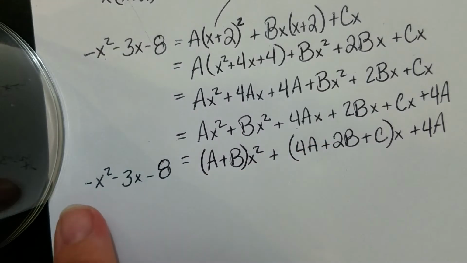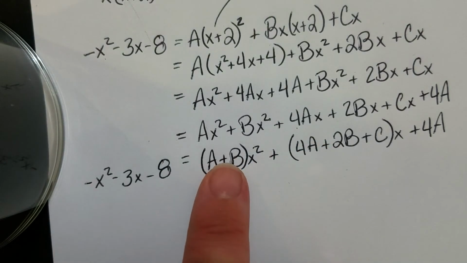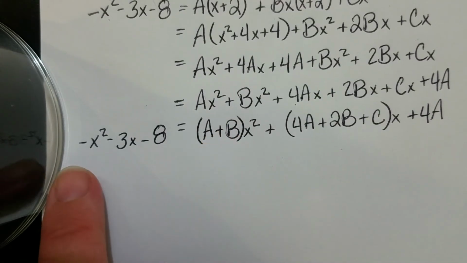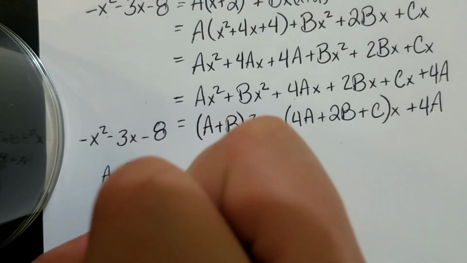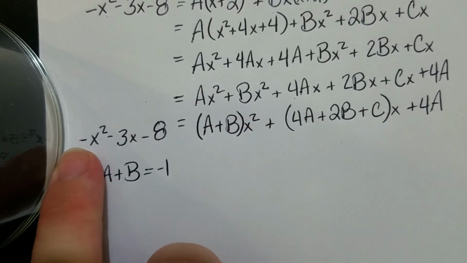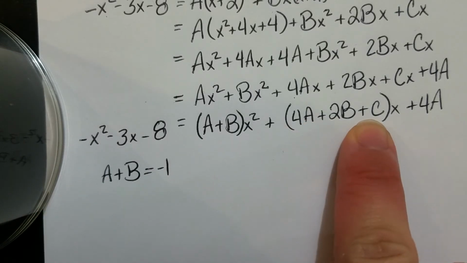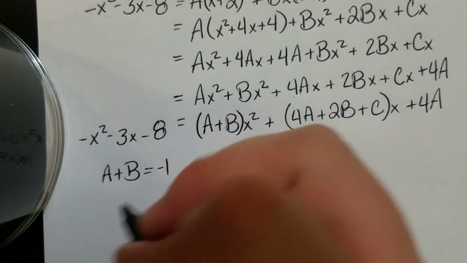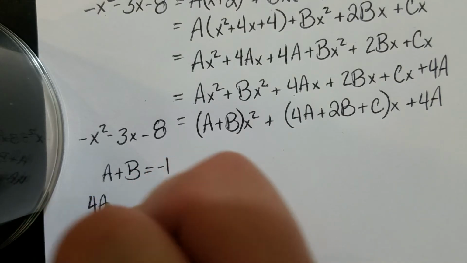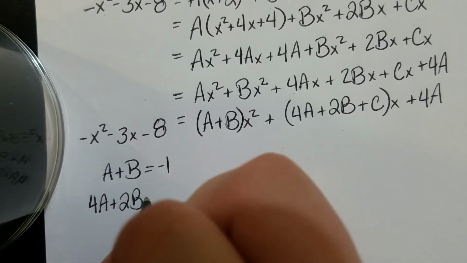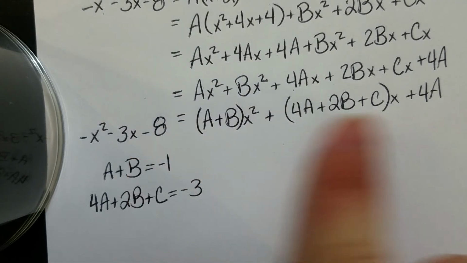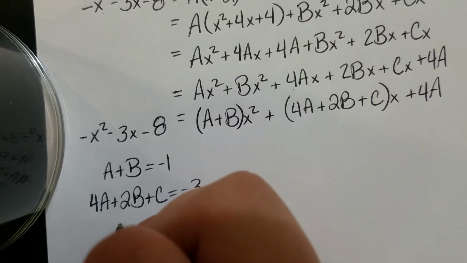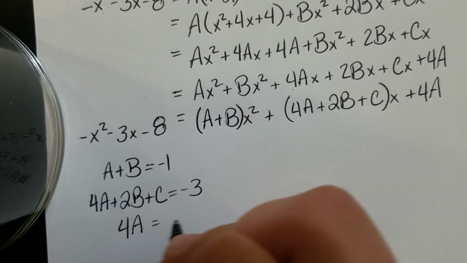Okay, so again, whatever's in front of x squared equals A plus B. So that means in this case, A plus B has to equal -1, because what's in front of x squared here is -1. This whole thing has to equal -3. So 4A plus 2B plus C equals -3. And then last but not least, 4A has to equal -8.